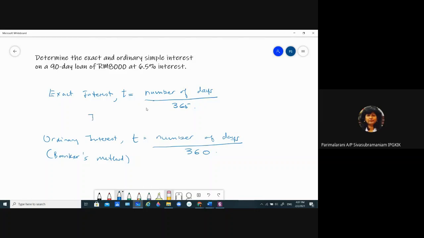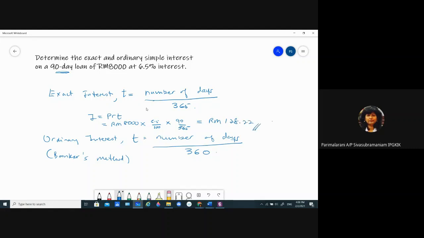Interest is equals to PRT, which is equals to P is 8,000 multiplied by R is 6.5 over 100 multiplied by T is number of days. They've given us number of days is 90. So this is 90 over 365. So we get here 128 ringgit and 22 cents.